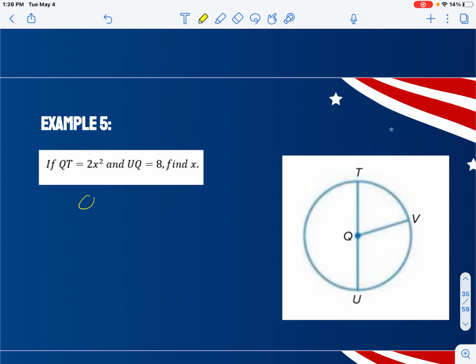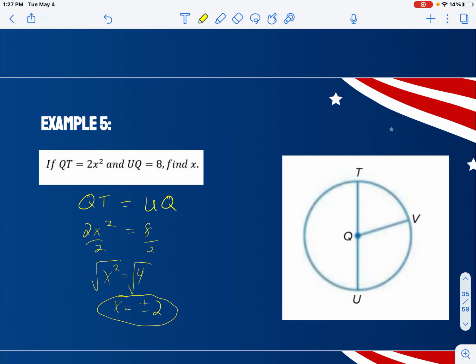So QT has to equal UQ, because they're both radii. So 2x squared equals 8. Divide by 2, we get x squared equals 4. Take the square root, and we get x equals plus or minus 2.